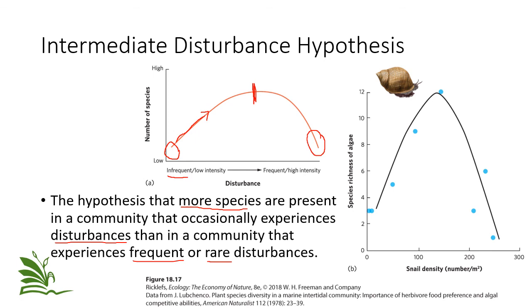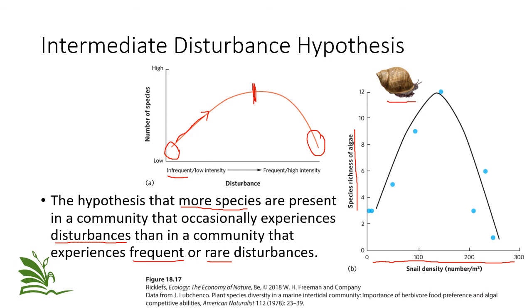And here's an example where ecologists were looking at snail density. Snails are a grazing herbivore, so they actually cause disturbance wherever they go. And if you put one into your aquarium, they will keep it nice and tidy, free of algae, right? Because that's what they're grazing on, all that algae. So what they did was look at how species richness of algae in a particular community varied with the number of snails present.